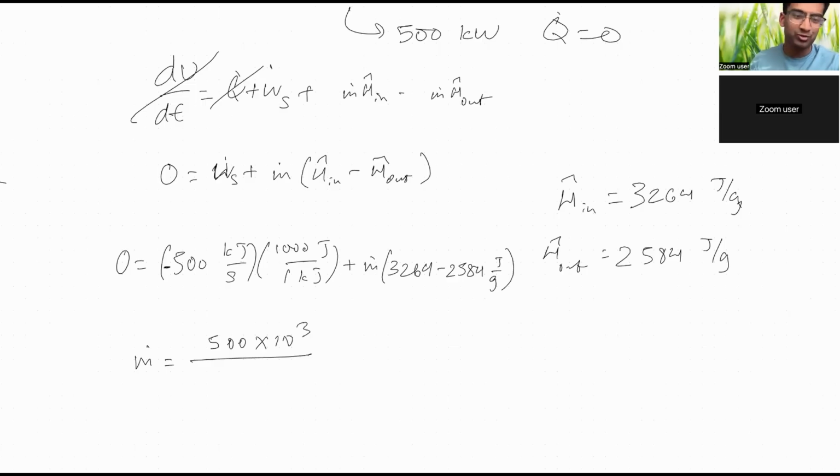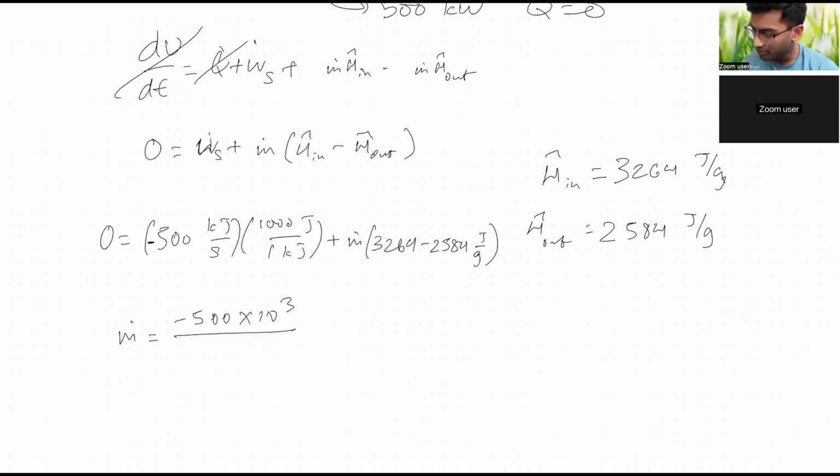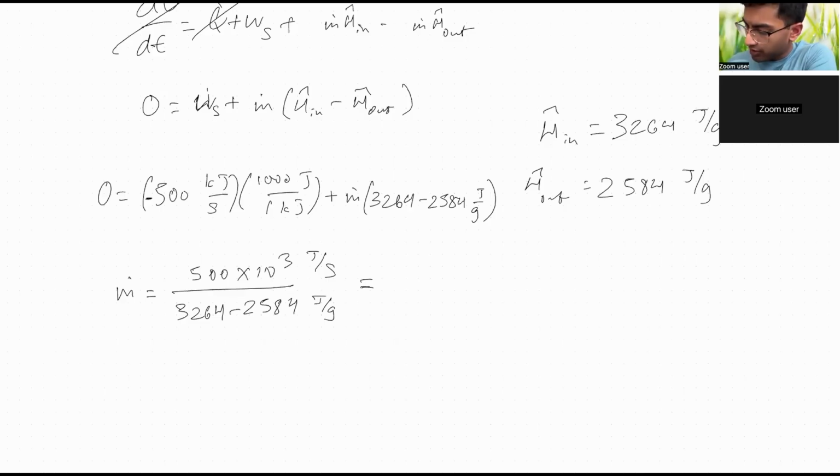This should be a negative because we are extracting energy from the system, right? The turbine is producing work. We're removing energy from the system, so it's negative. Over 3264 minus 2584. This is joules per second over joules per gram. And so when we do this, we get 735 grams per second.